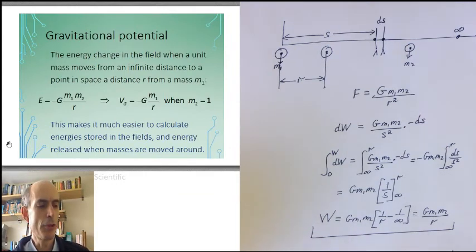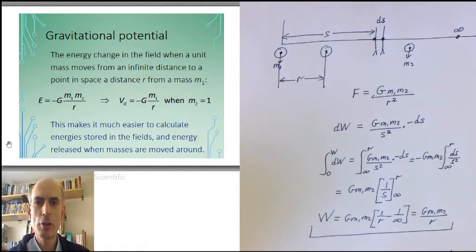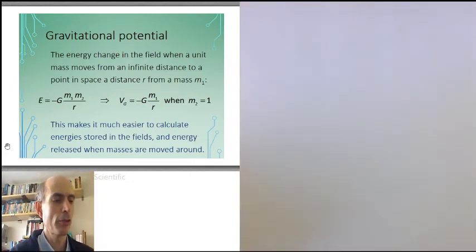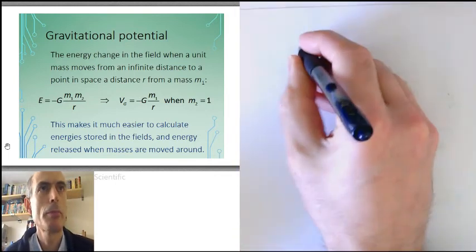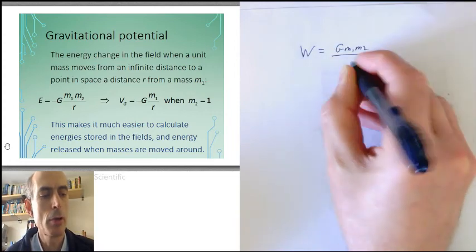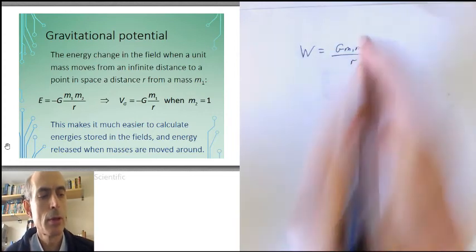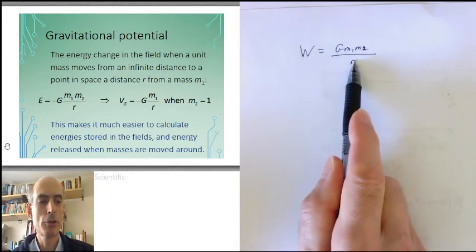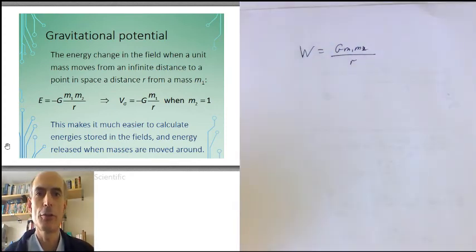We can take this result and derive a very useful quantity called the gravitational potential. The work done by the gravitational field, W, is G m1 m2 over r in getting the two masses a distance r apart from being an infinite distance apart.